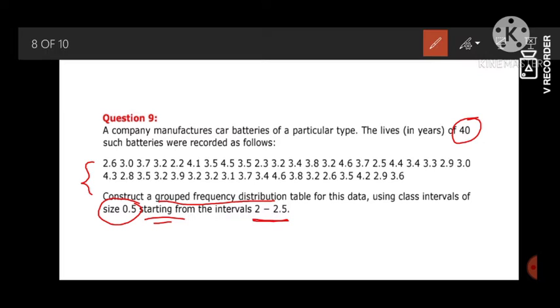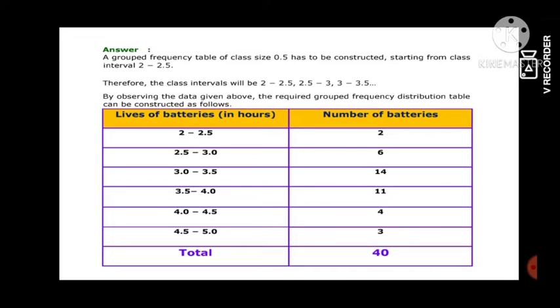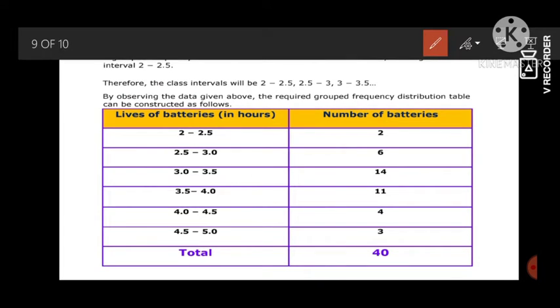After 2.5, the class interval will be 2.5 to 3, next 3.0 to 3.5. In this fashion the class intervals should proceed. We have constructed the life of the batteries.